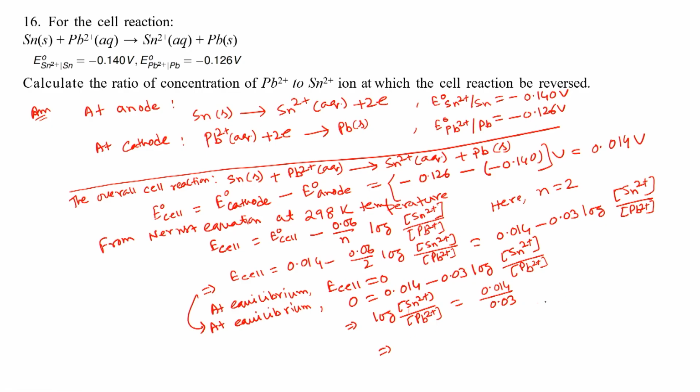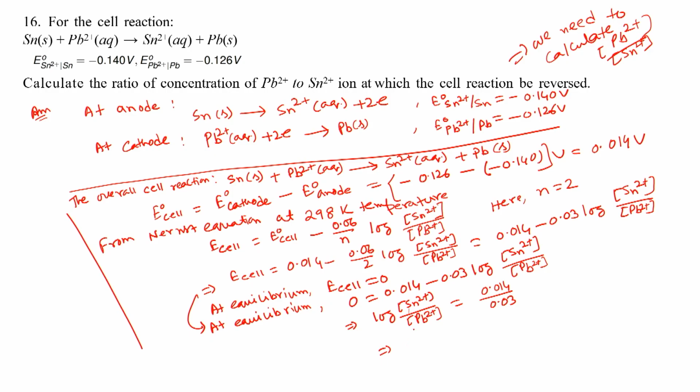Because basically we need to calculate the ratio of concentration of Pb2 plus by concentration of Sn2 plus, we take the minus sign.